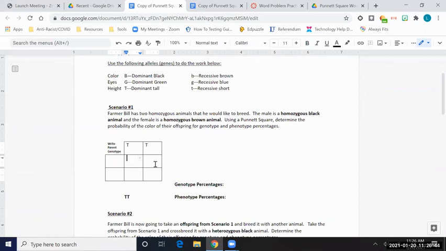And then in each of these boxes, you'll write down the combination of those two parents. So if I have a homozygous dominant with a homozygous recessive, you'll grab one from the top, one from the left, and repeat for each box. And that's how you fill it out. Again, this is not the answer. I'm just giving you examples.